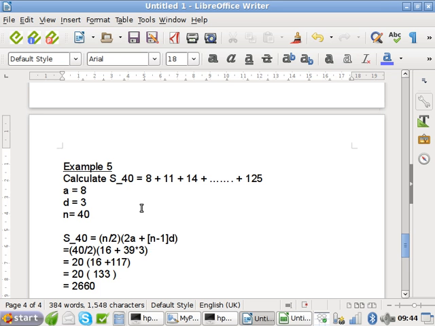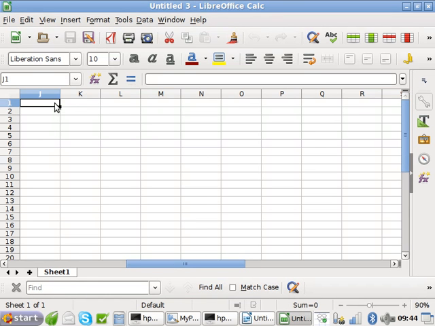Just before we do that, let me prove to you that this formula works. What was the first term? 8. And you add how much each time? 3. And then we go up to the 40th term. What should the 40th term be? 125.